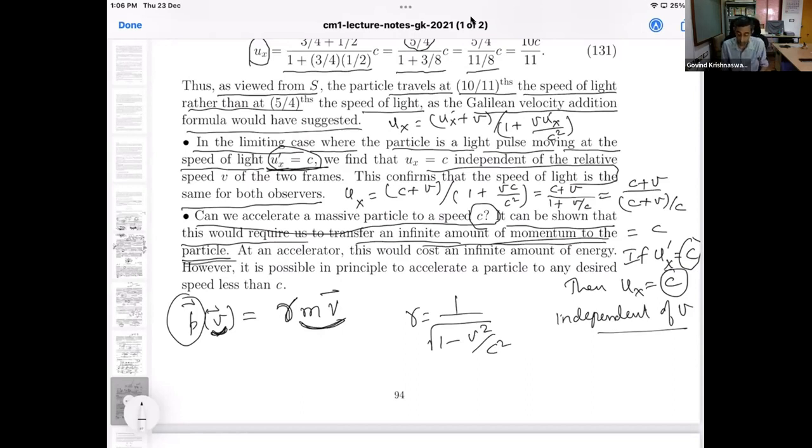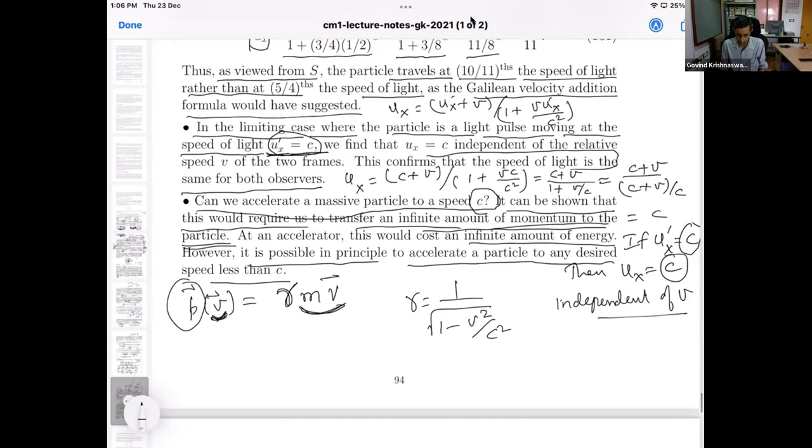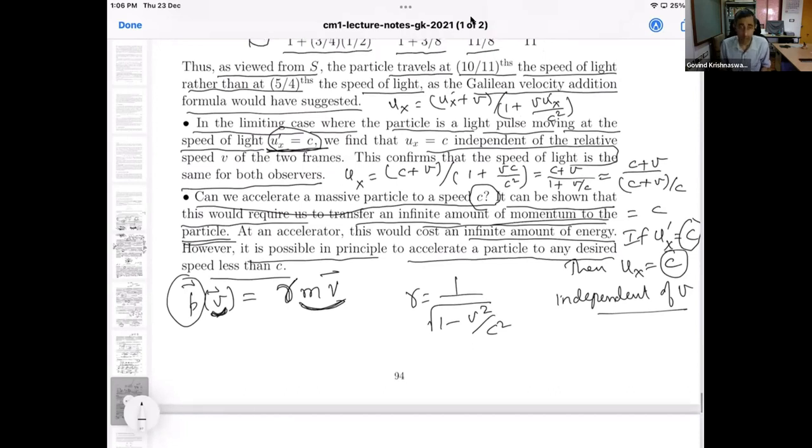So it costs an infinite amount of energy. So in practice, it's not possible. However, it is possible in principle to accelerate a particle to any desired speed less than c. That is routinely done in particle accelerators, but you can't reach c if the particle is massive.